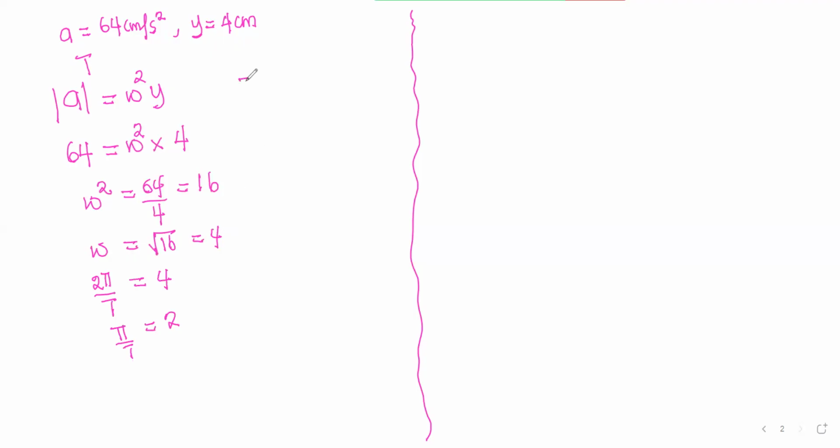Therefore, T would be equal to pi on 2. Pi is approximately 3.142 divided by 2. And so this must give us the answer, 1.57.